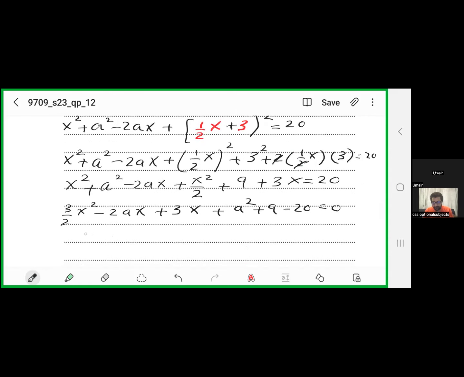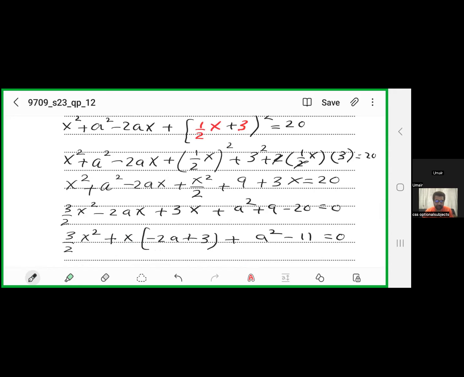You will be having 3 by 2x square minus, take x common, try to have positive x, then this will be minus 2a plus 3 plus a square minus 11 is equal to 0.